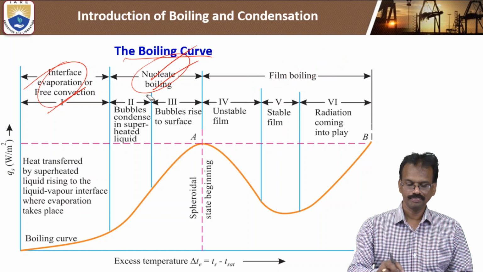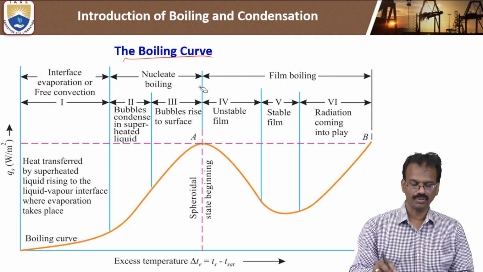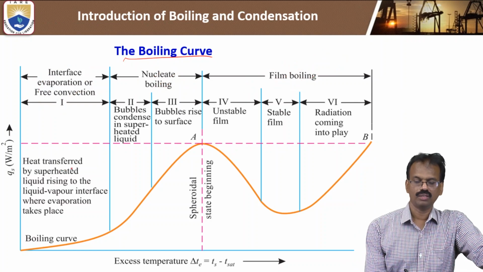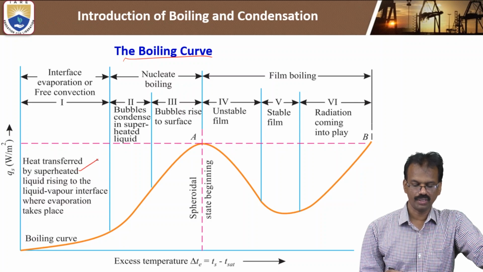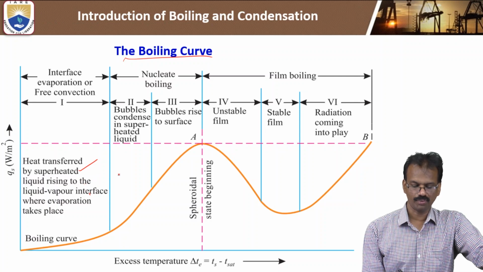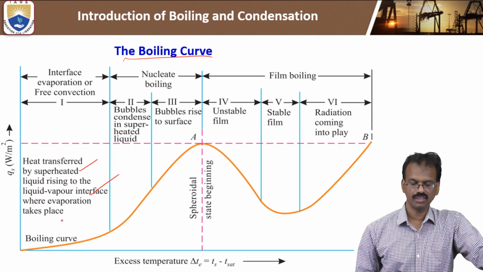The first one is the interface evaporation or free convection. Here heat is transferred by superheated liquid rising to the liquid-vapor interface, where evaporation takes place.